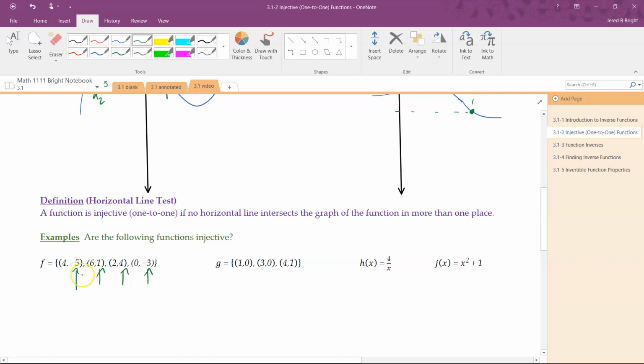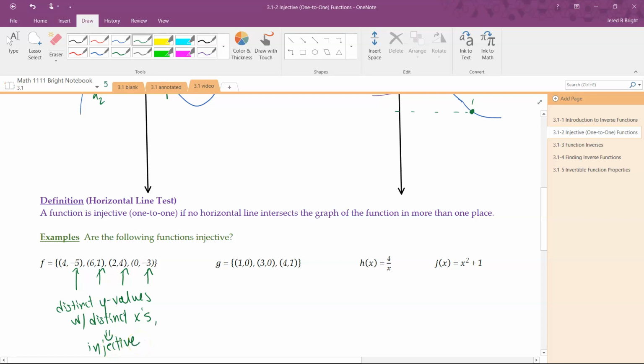So if the function is only this, no y values are repeated, and I have distinct y values, and I'm also going to say with distinct x values, so then this is going to be injective.